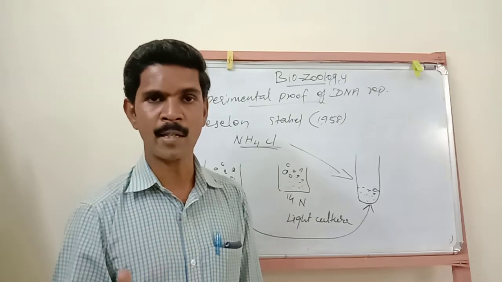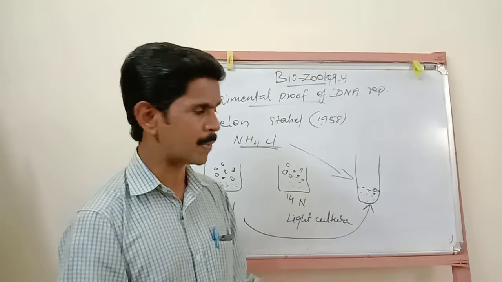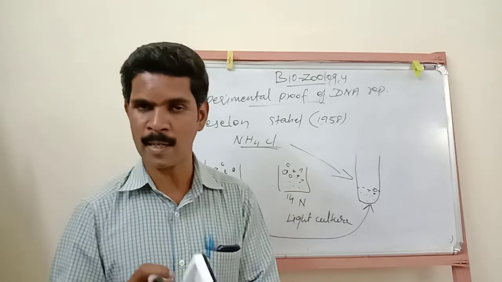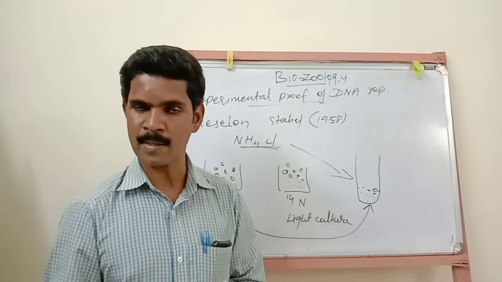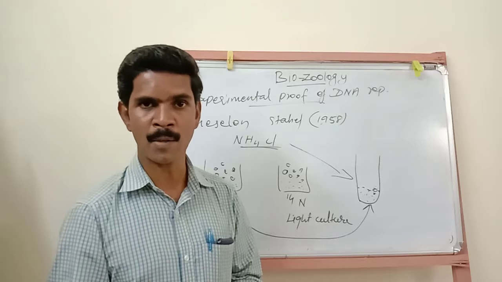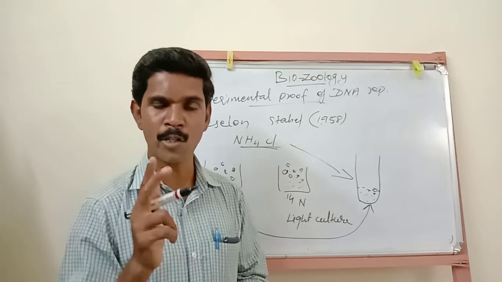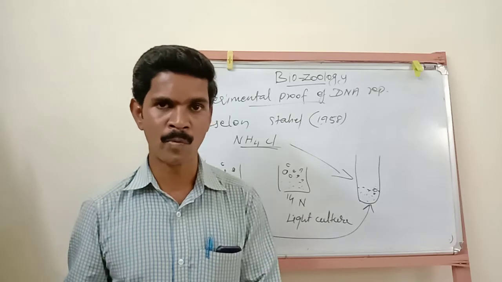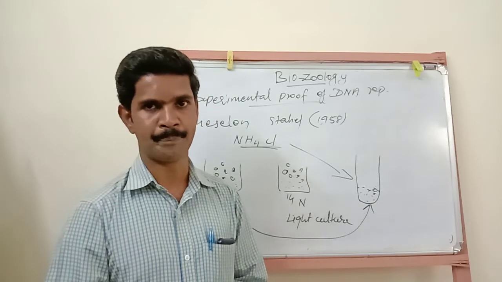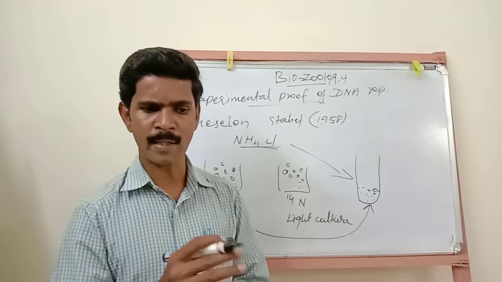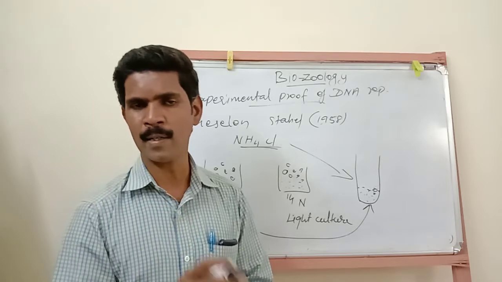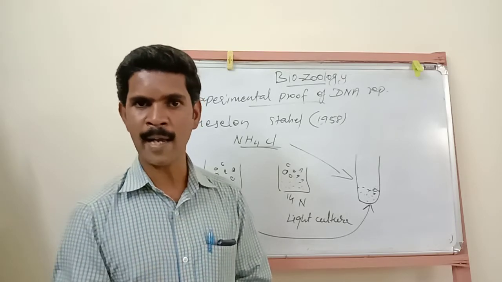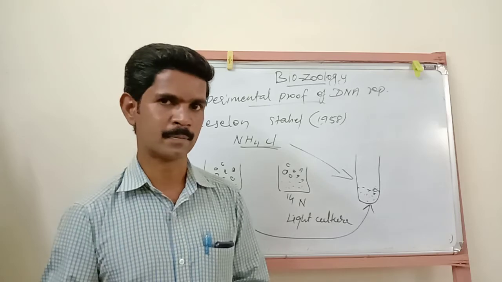Intermediate means both N14 and N15 were there. Light means only N14 was there.